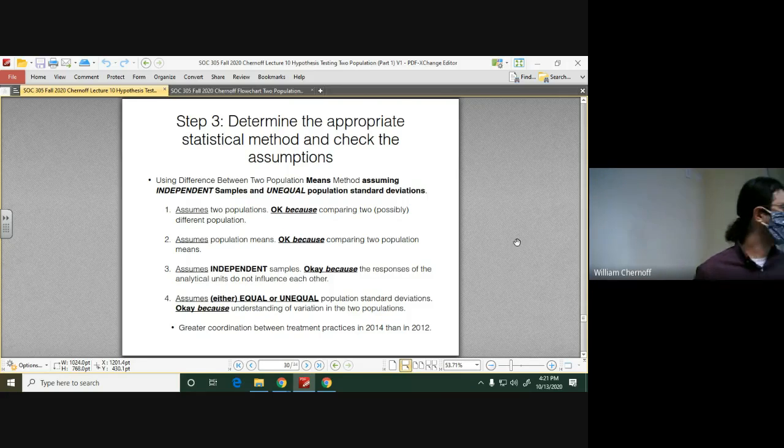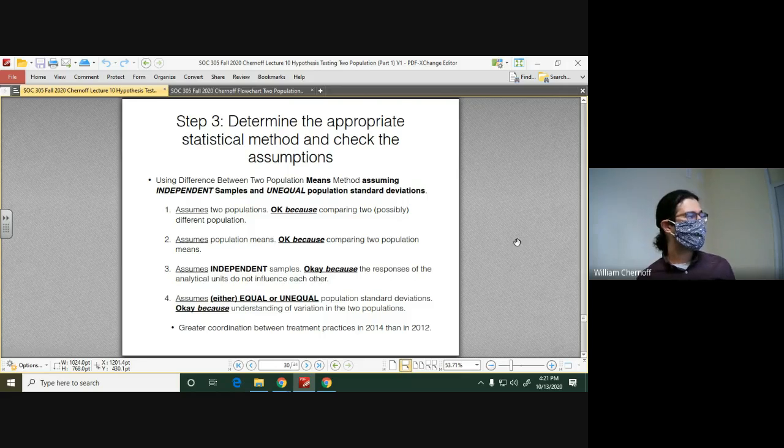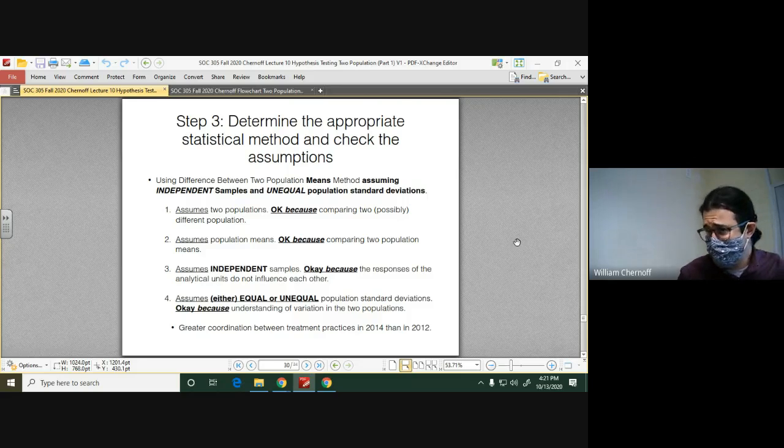Number two, assumes about population means. Again, this is okay because we're comparing two population means. Three is our independence assumption. Again, it's this assumption that when it comes to these youth and how long it takes them to recidivate, for one youth, how long it takes them to recidivate is not going to depend on how long it takes any of the other youth to recidivate.